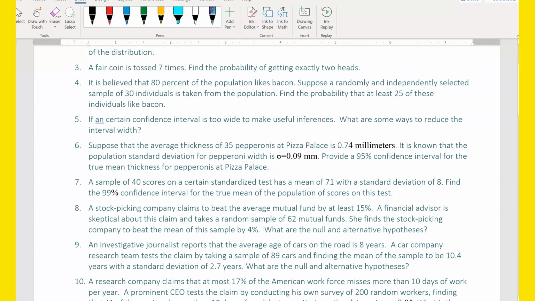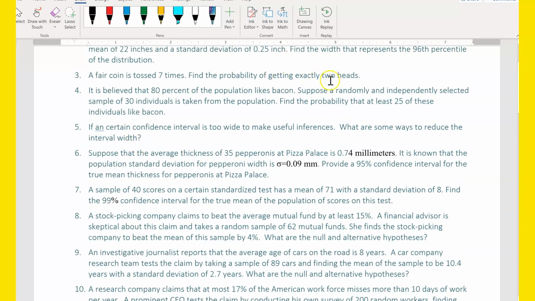All right. Number 4, it is believed that 80% of the population likes bacon. This is actually a multiple choice question. The answer we'd be looking for on that multiple choice question would be at least 25.